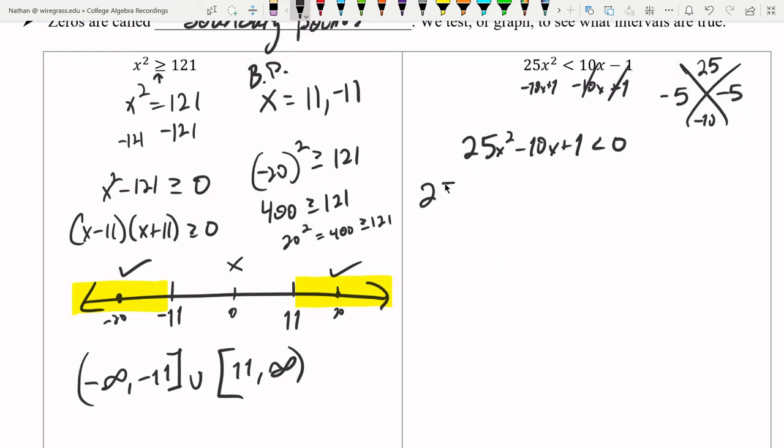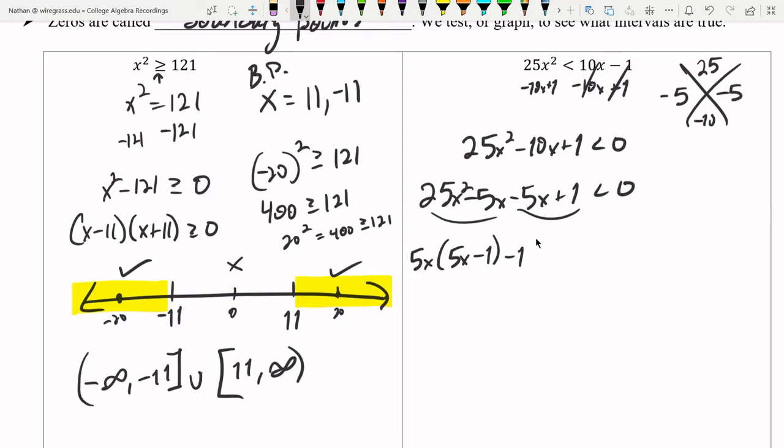That's going to give me 25x squared minus 5x minus 5x plus 1. First two terms, I can take out a 5x. Next two terms, I can take out negative 1. And you can see I get 5x minus 1, 5x minus 1, which are actually the exact same expression.